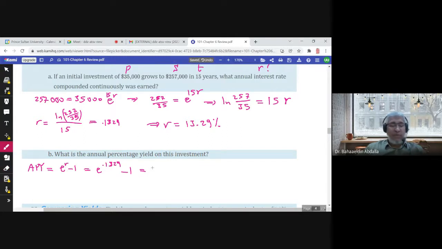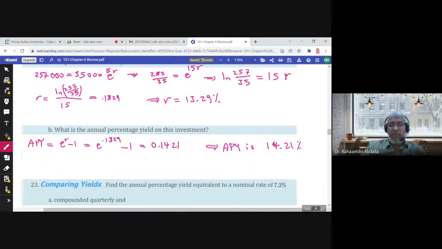The answer would be 0.1421. So the annual percentage yield is 14.21%. So that's the annual percentage yield.